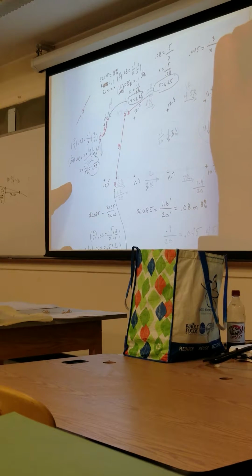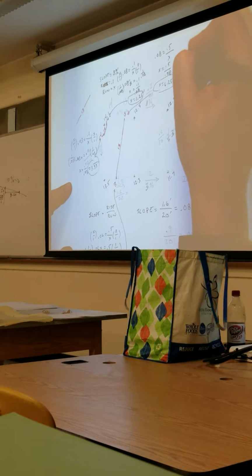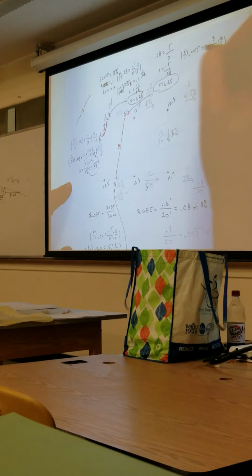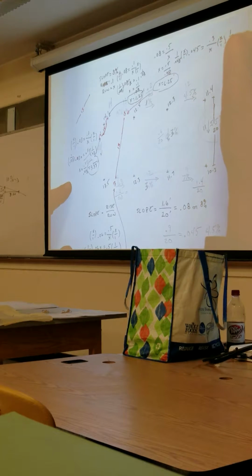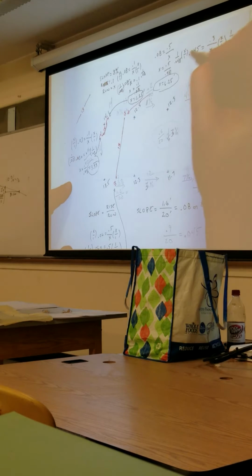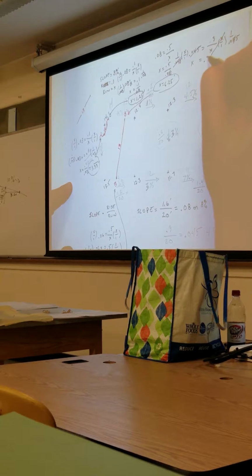Times both sides by x, and divide both sides by 0.045. So we get x over here: 0.3 divided by 0.045, which is equal to, anybody?